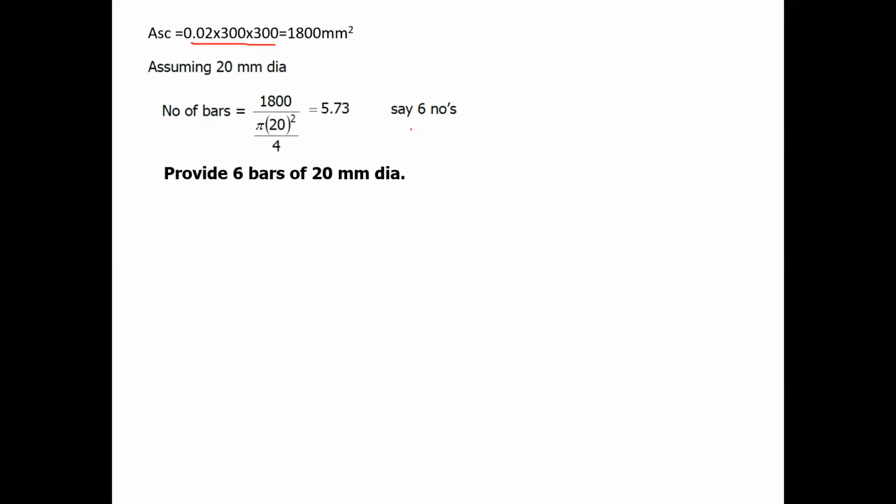Yes, sir. Okay, now take down lateral ties or stirrups. Both are the same, don't get confused. This is as per the codal provision IS 456. When considering the lateral ties, you have to take the greater of the following. One is 6 mm, minimum 6 mm dia.